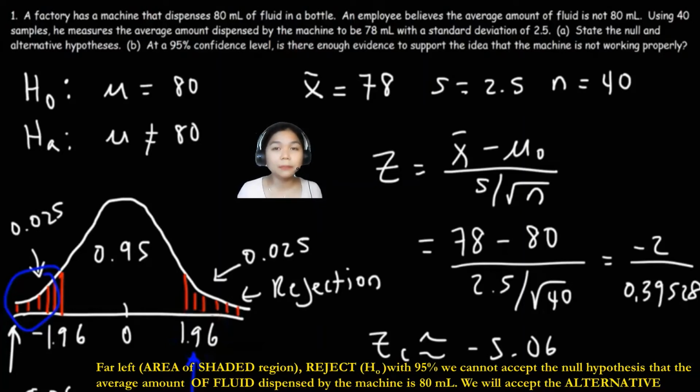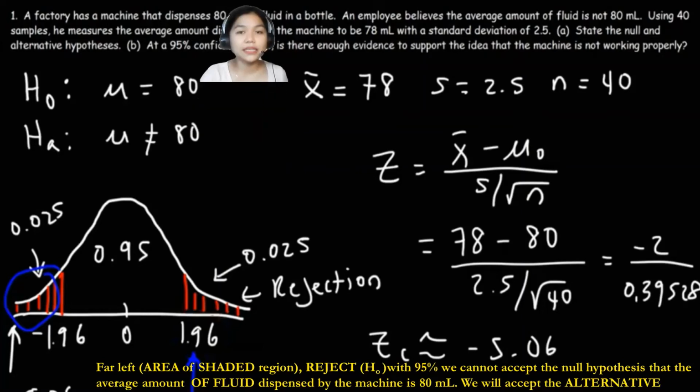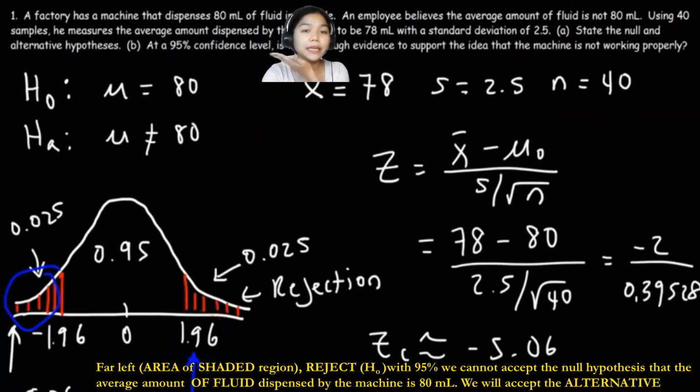Because it was believed, di ba, na 80 ml yung nadadispense niya. Kaso, 78 ml pala yung totoong nadadispense niya. Yun yung sabi ng isang employee. So, we need to test, okay, kung totoo ba yung sinabi ng employee. So, given, of course, yung ating null hypothesis is ito. A machine that dispenses 80 ml of fluid.